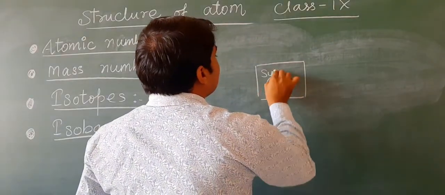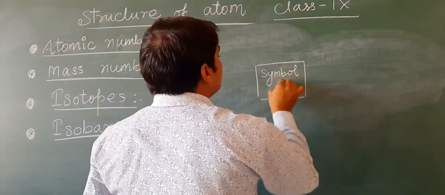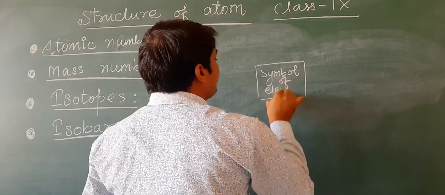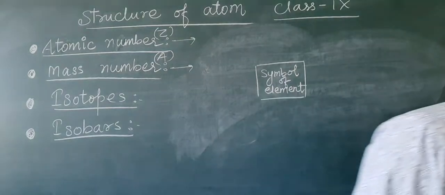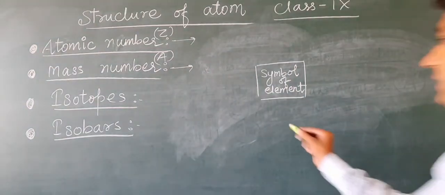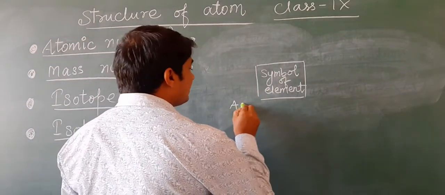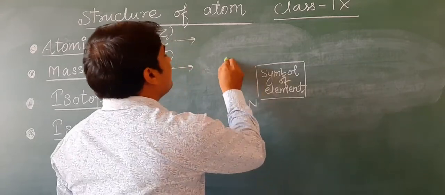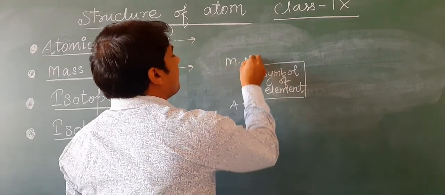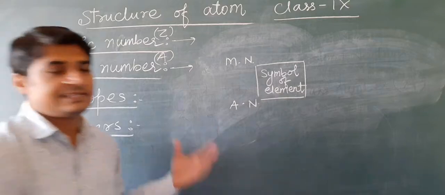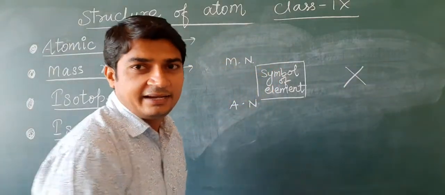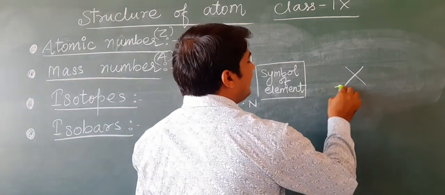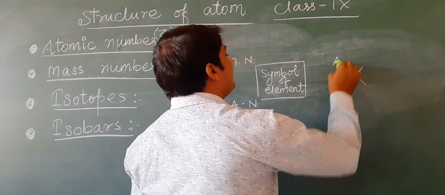We write the symbol of an element. Here we write atomic number, here mass number. Or we can say, if X is the symbol of an atom, here we write Z and here we write A.